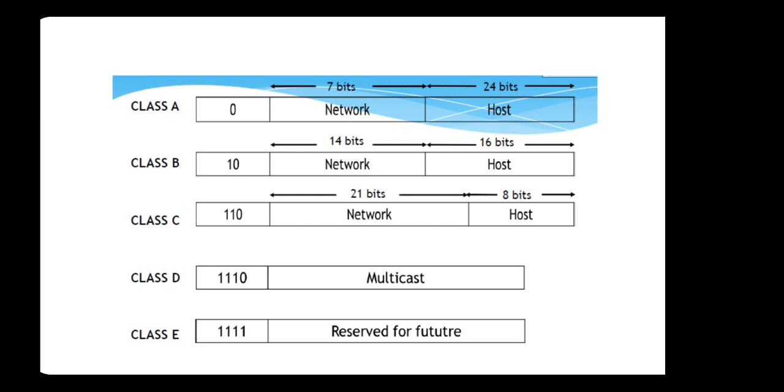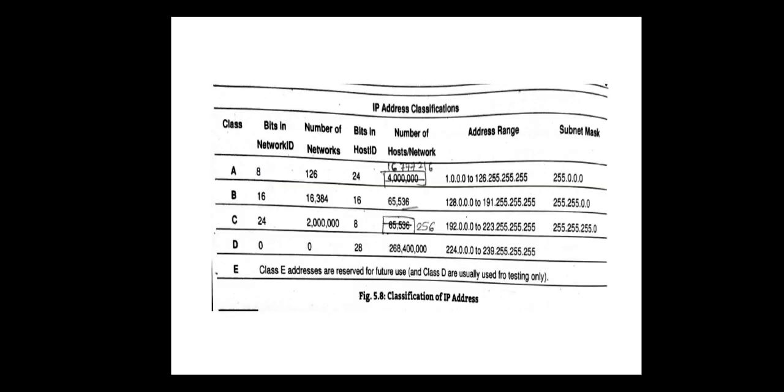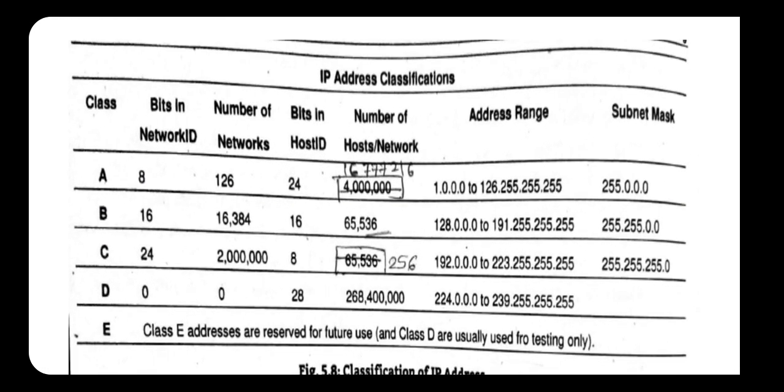Out of this, the most significant bits are 110 and the remaining 8 bits for host identification. For class D, the most significant bits are 1110, and it is used for multicasting purposes. The last one is class E, where the most significant 4 bits are all 1, and it is reserved for future use, not implemented yet. Okay, this is IP address classes.